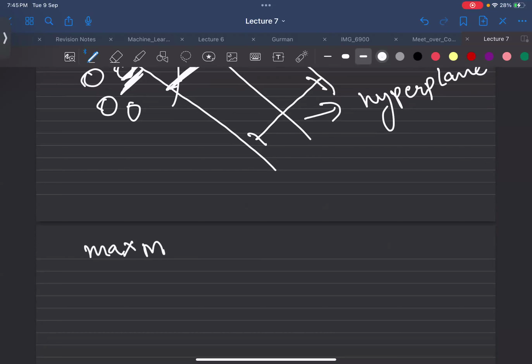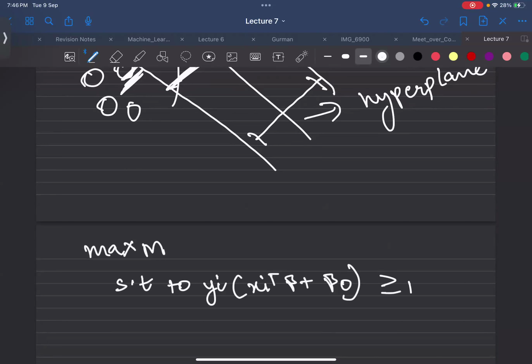So maximize m such that, can someone explain this? We know yi, this was the f(x) point, this was yi. Earlier I was writing either it's positive or it's negative.